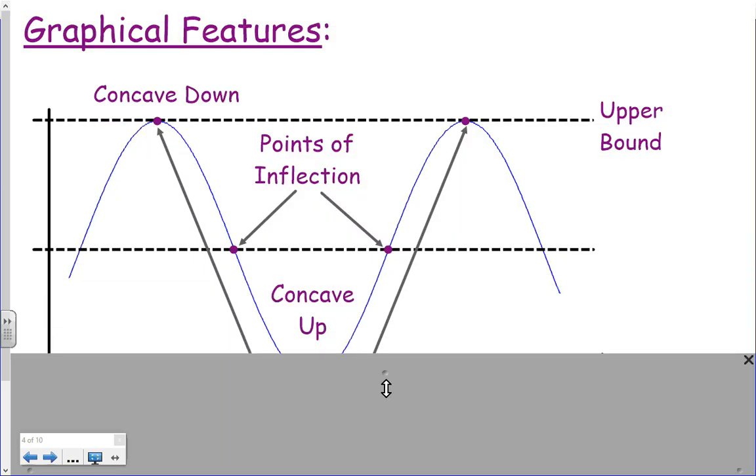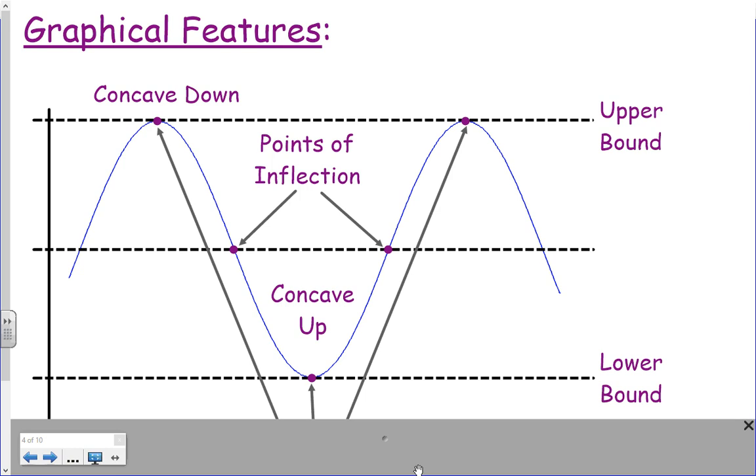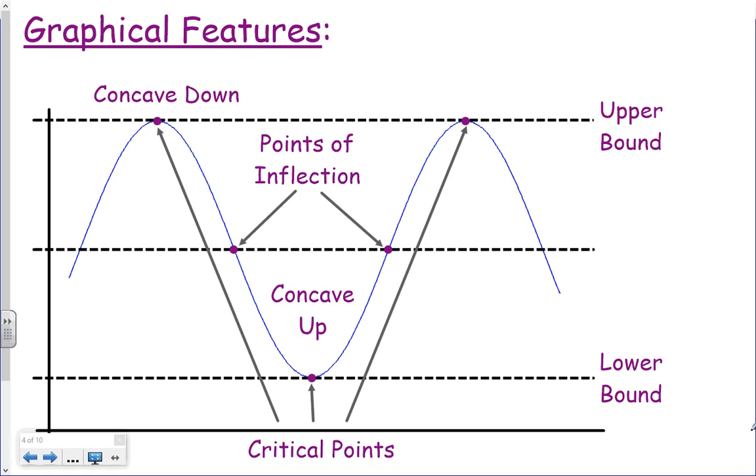All right, a couple of graphical features here. We've talked about some of these features before in our previous chapters, but just to make sure we're clear on what these features are on a sinusoid. The sinusoid is really nice because it has these horizontal lines that split this up into two different sections vertically in your range.